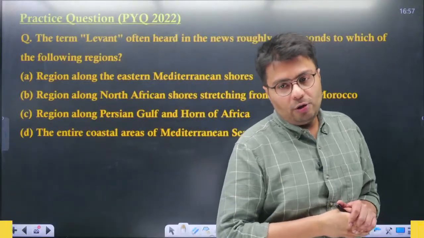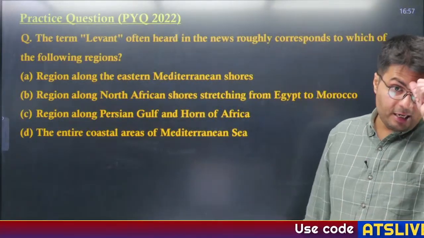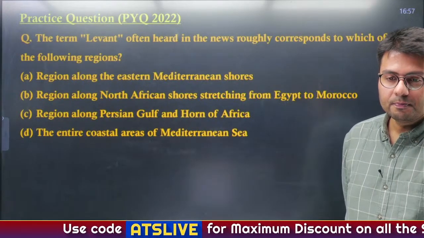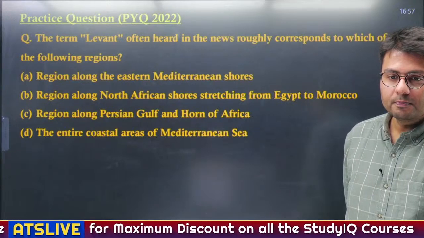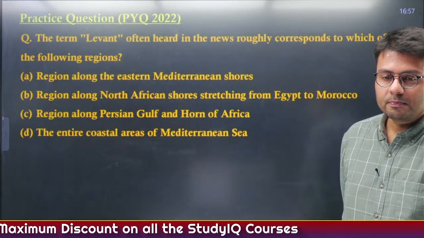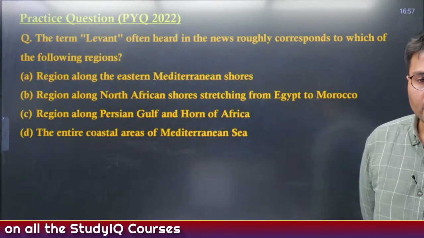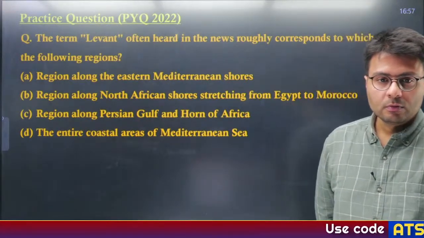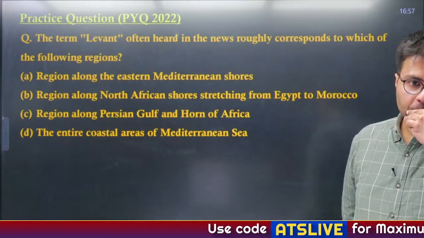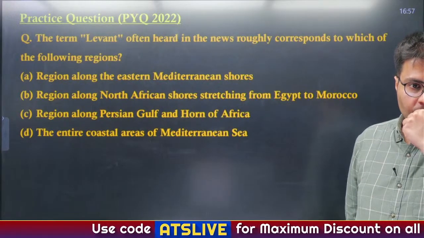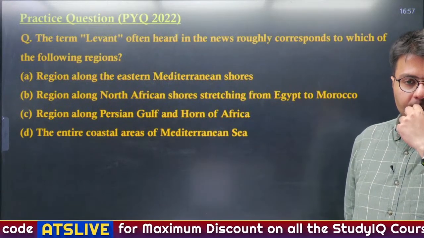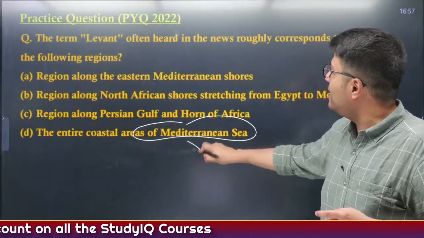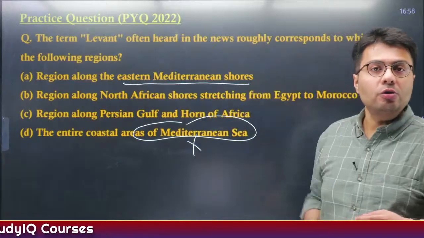Now let's see if you are able to solve this particular PYQ which appeared in the 2022 exam. Yes, it is not the entire coast of Mediterranean Sea, rather only the eastern shores of Mediterranean Sea.